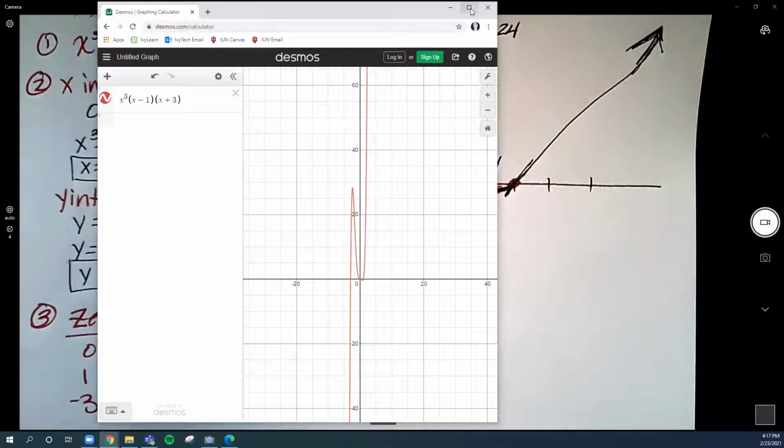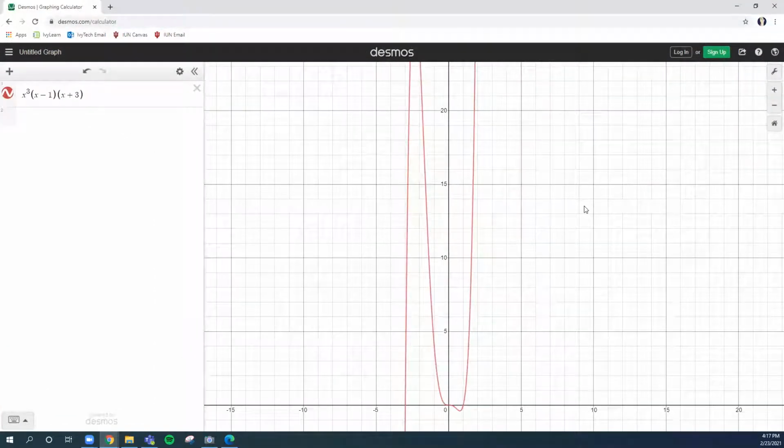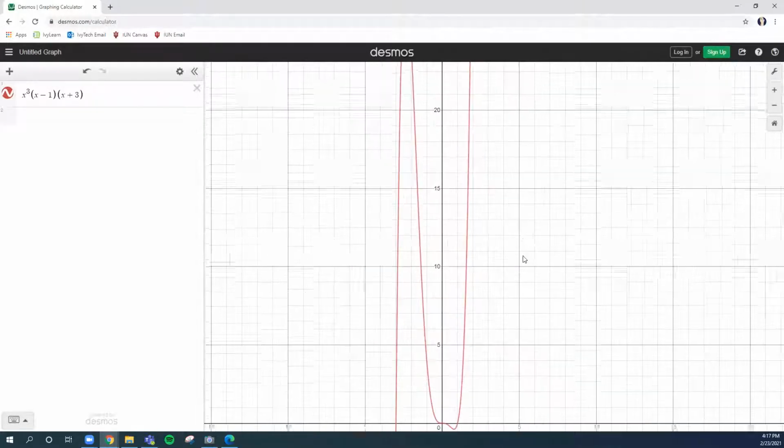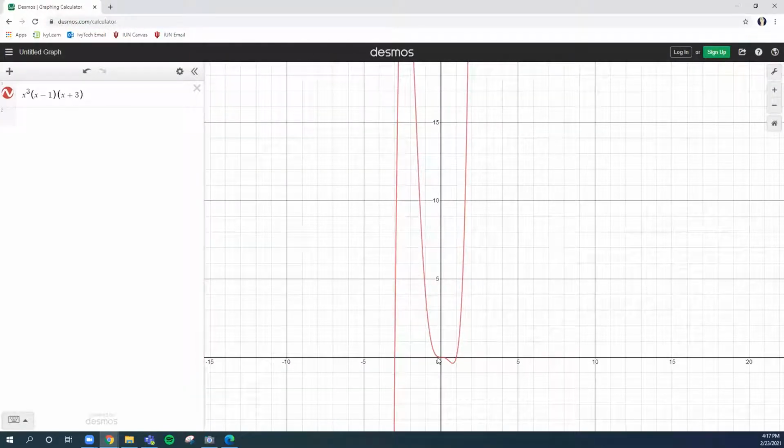You can see that if I blow it up, it does seem to have the maximum of 4 turning points. It looks like we got 1 turning point at the top, 1 down here at the bottom, that's 2, 3, 4 turning points. And also we have our 3 zeros here at -3, 0, and 1.